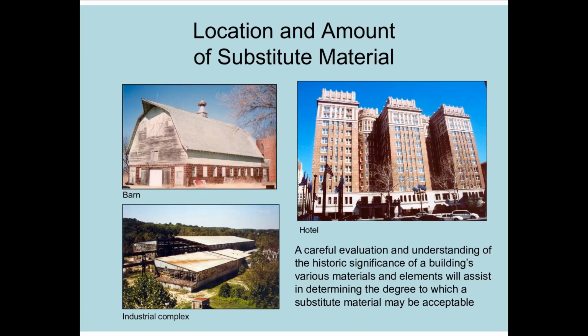A careful evaluation of the building and an understanding of the historic significance of its various materials and elements will assist in determining the degree to which a substitute material may be acceptable.